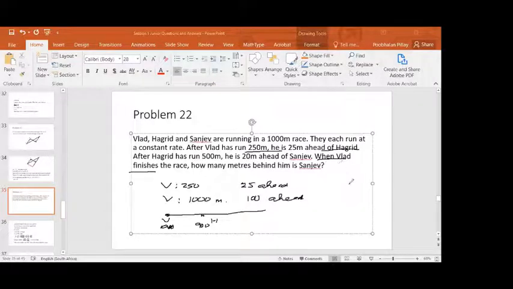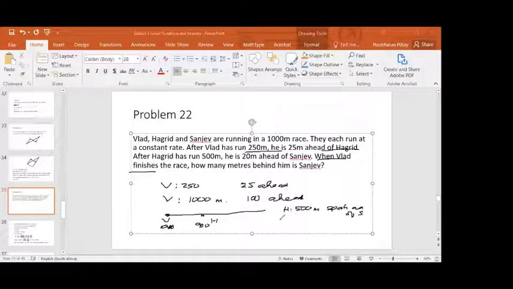Now let's have a look at Hagrid. When Hagrid does 500 meters, he is 20 meters ahead of Sanjeev, whom we'll call S. But now H has done 900 meters.